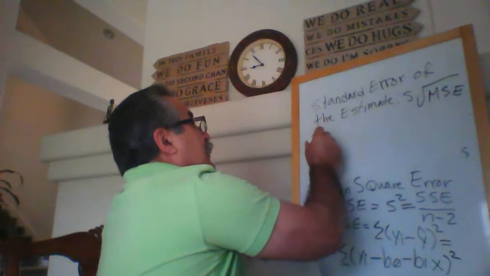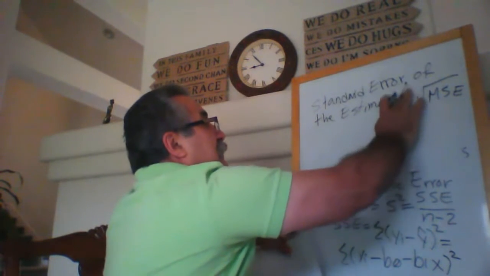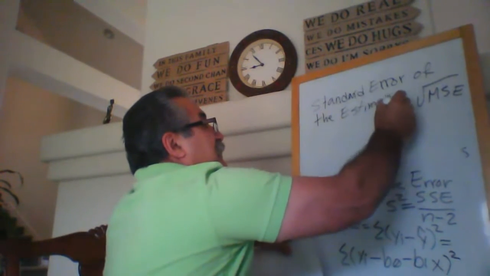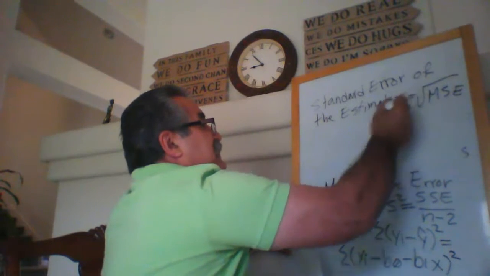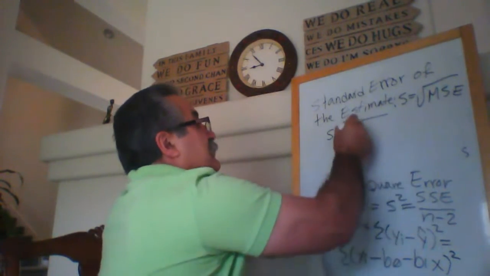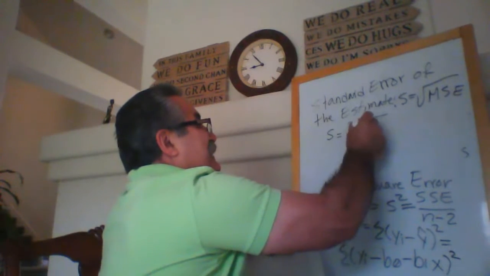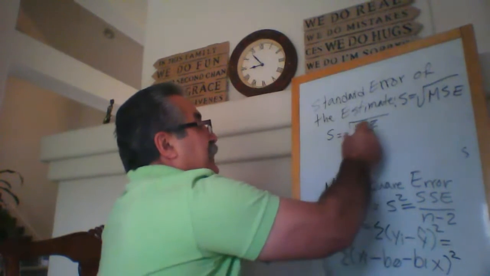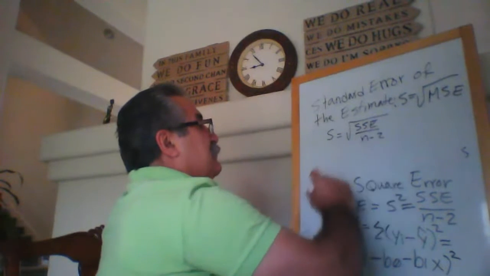MSE, or you can say S is equal to square root of SSE divided by n minus 2.